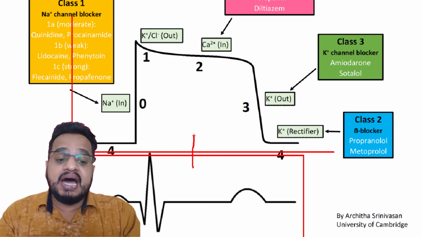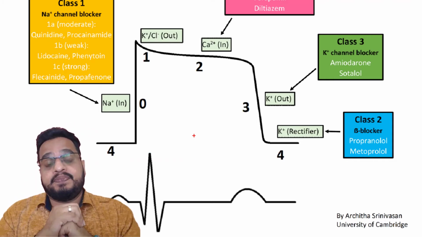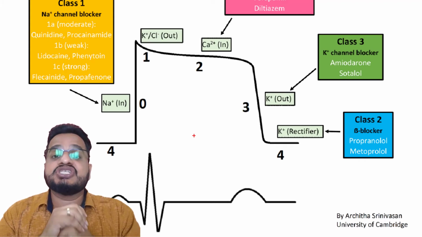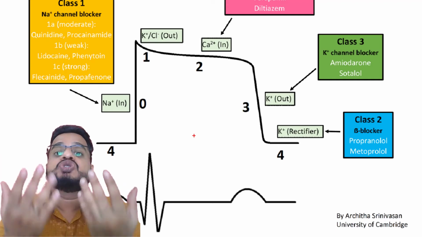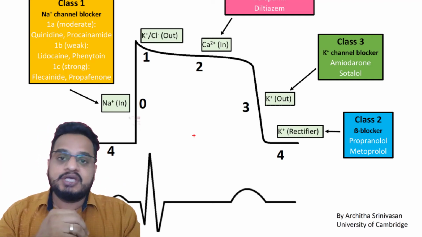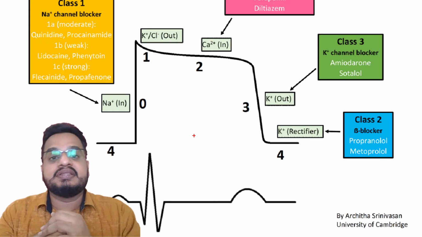So there are different classes of drugs which you can use for the correction of this rhythm. Class 1 drugs are the sodium channel blockers. These sodium channel blockers are again divided into three parts.